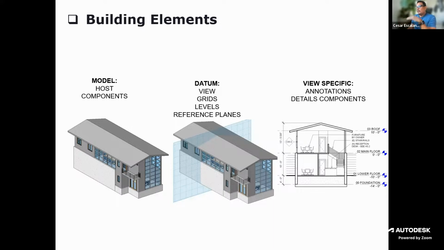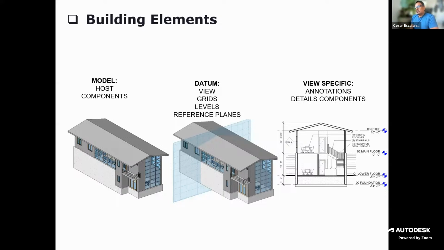And then view-specific objects are annotations and detail components that we place on top of the view. I'm sure all of you know AutoCAD. So this is the equivalent of placing objects in paper space, right? Model space is the area that holds the 3D space.